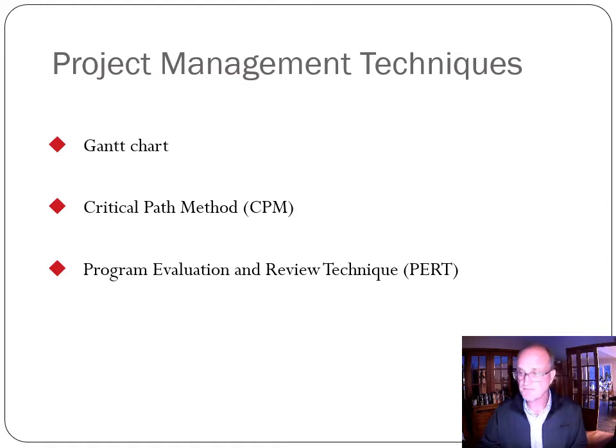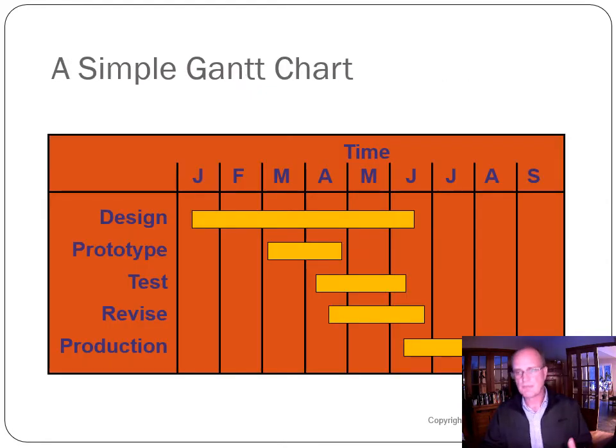timing and budget. Here's a simple Gantt chart, and I apologize again that my head is in the way on some of these things on the bottom right here. But you can see that here is a simple project. We have a design, and the design is ongoing from January to June.